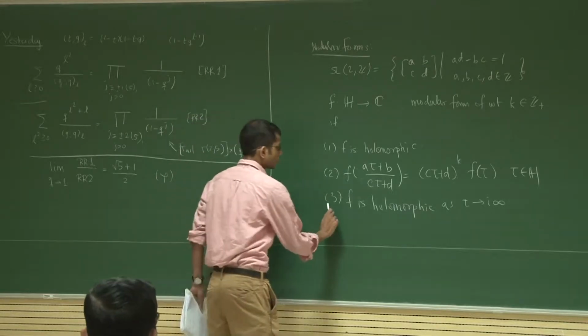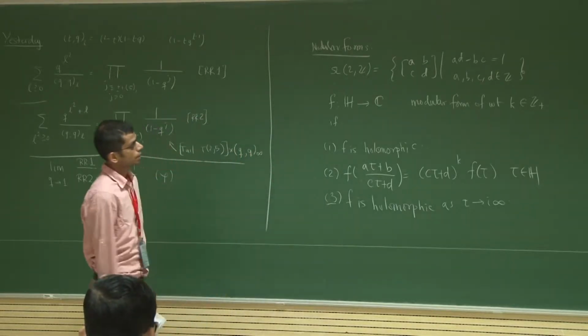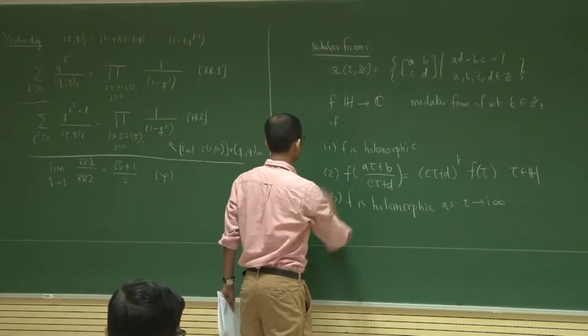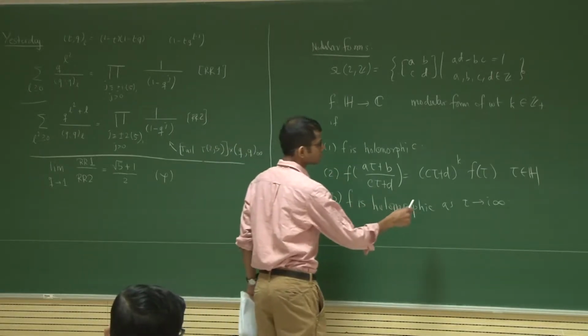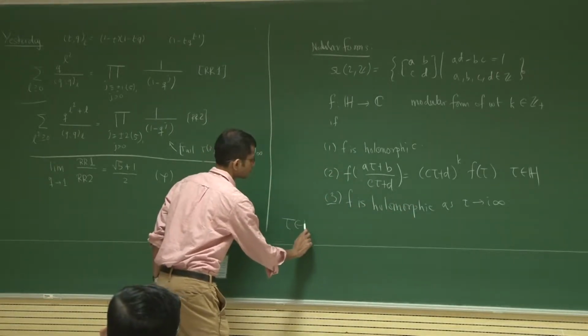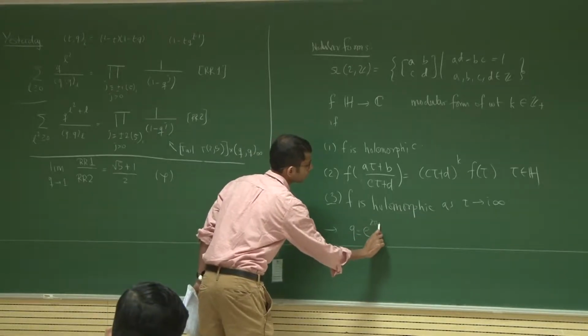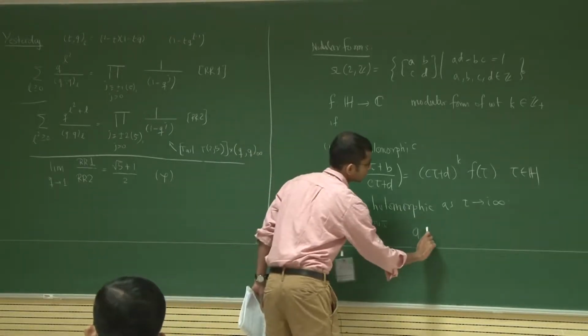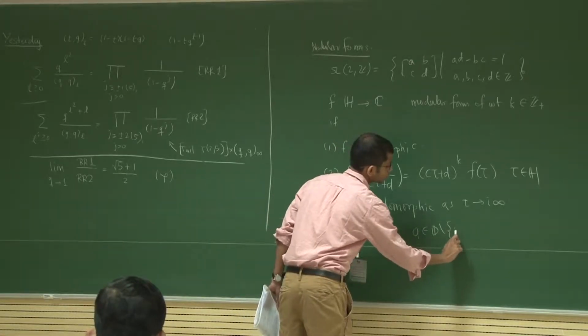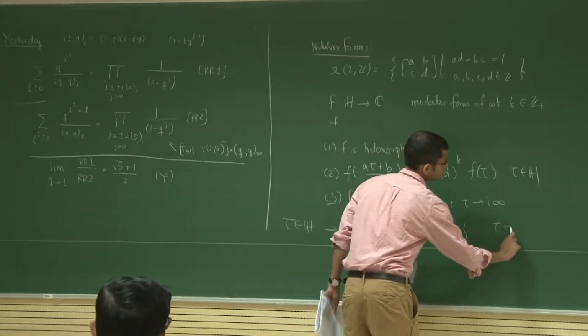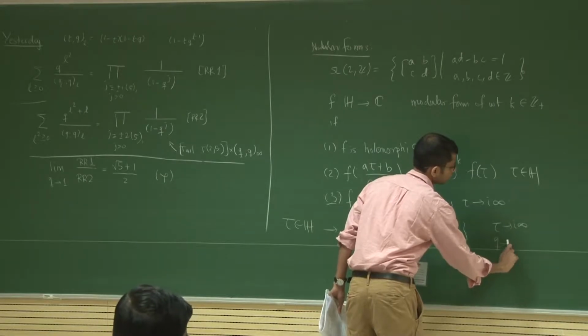The reason is that tau is in the upper half plane, you take q equals e to the 2 pi i tau, then q is in the punctured unit disk, and as tau goes to i infinity, q approaches 0.